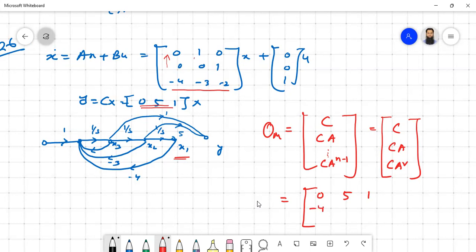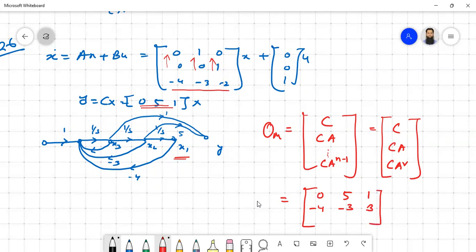Then the second column gives 0, 0, -3, which will be your next column value. And the third one gives 0, 5, -2, so 5 minus 2 is 3.